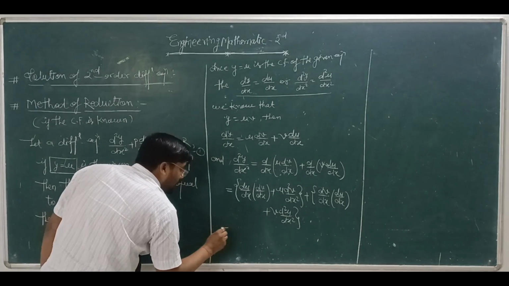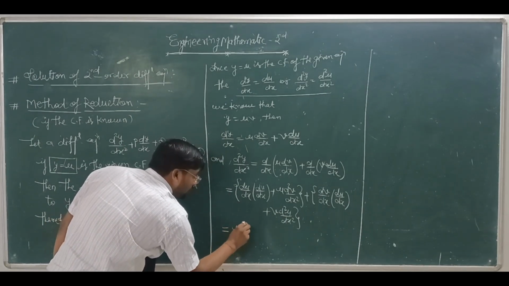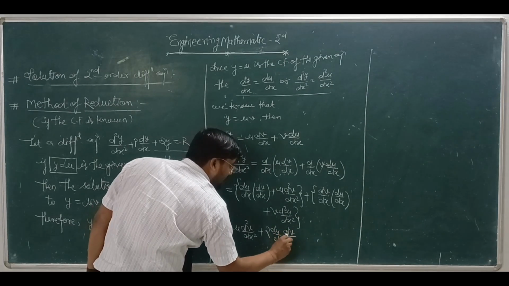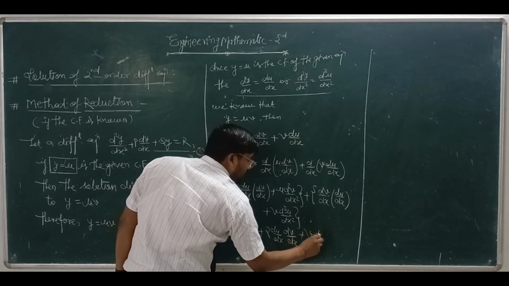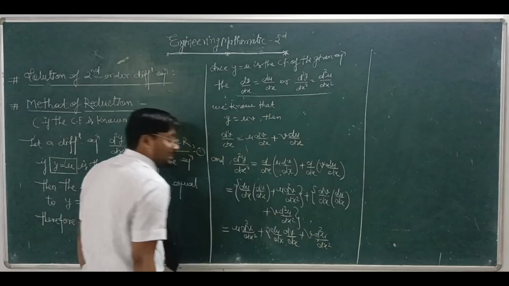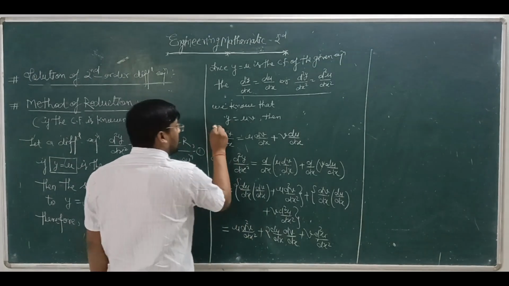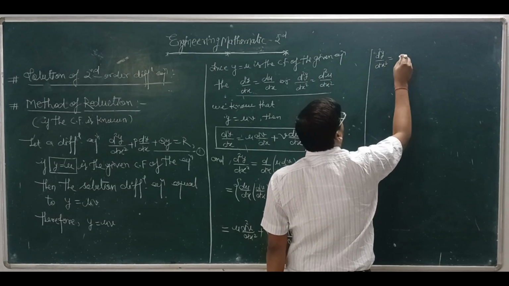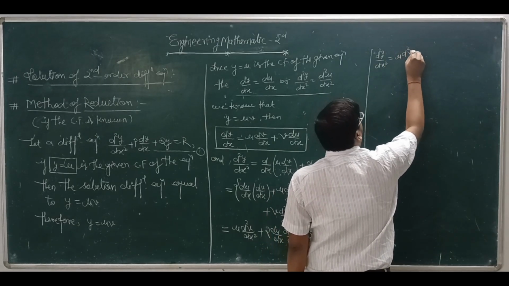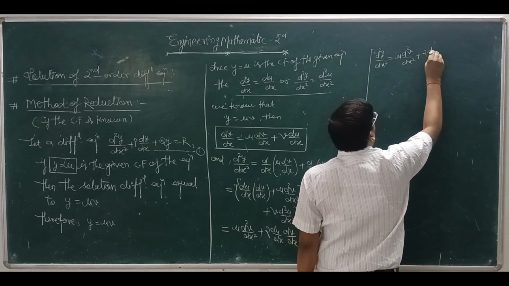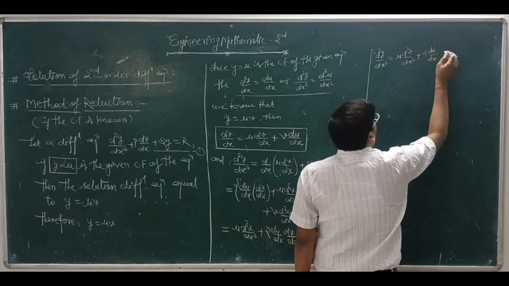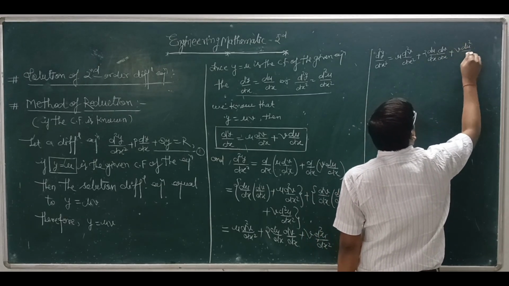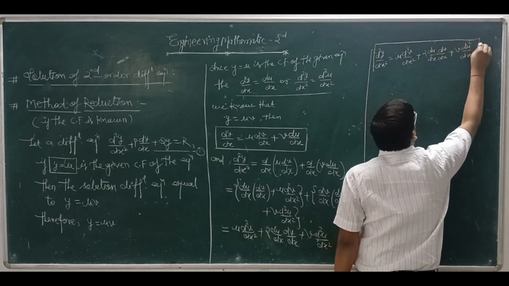Now you can simply write d2y/dx2 = u d2v/dx2 + 2 du/dx dv/dx + v d2u/dx2. This is the value of d2y/dx2.